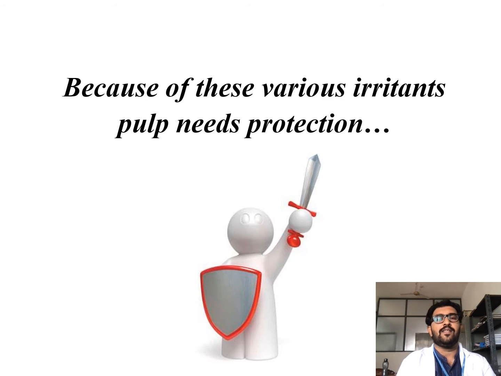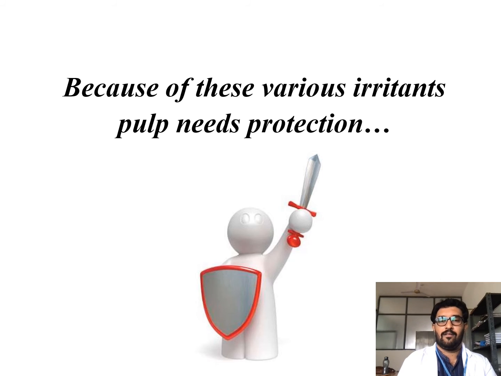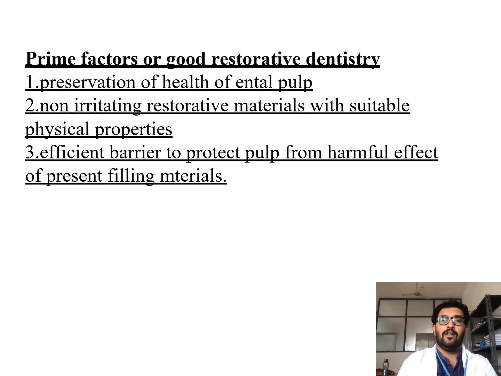Because of these various irritants, pulp needs protection. I think most of you think, sir, we brush twice a day but still we have caries. How should we protect our teeth? I use such a beautiful, branded paste, but what type of food do you eat? What type of junk food do you eat?